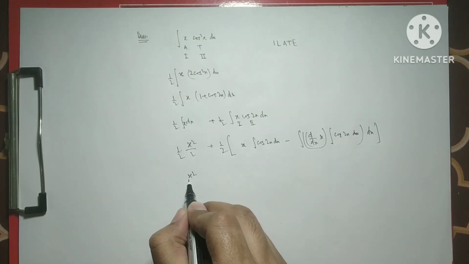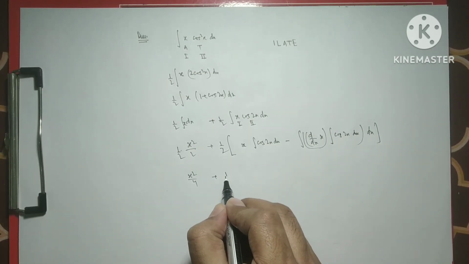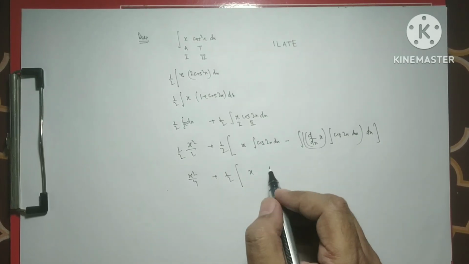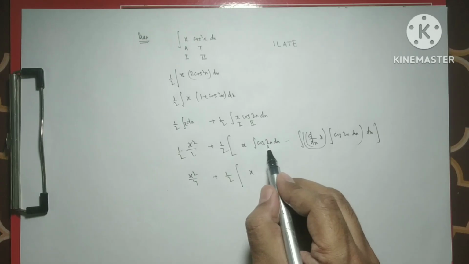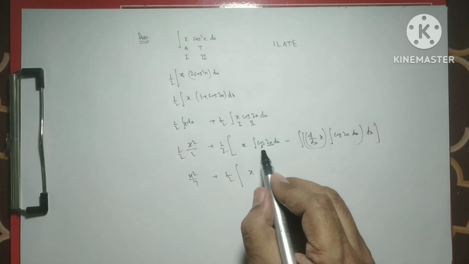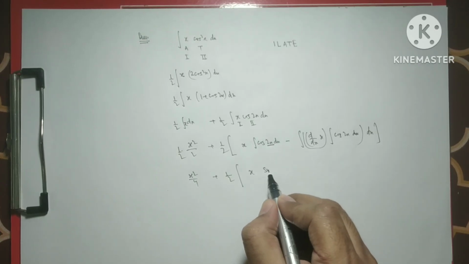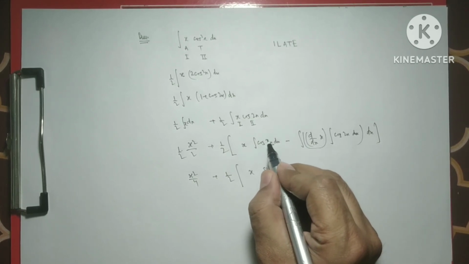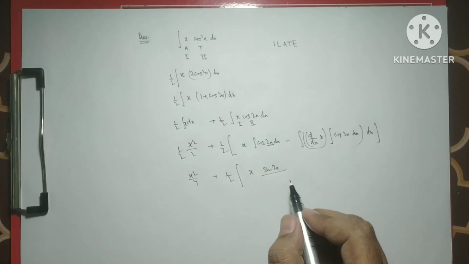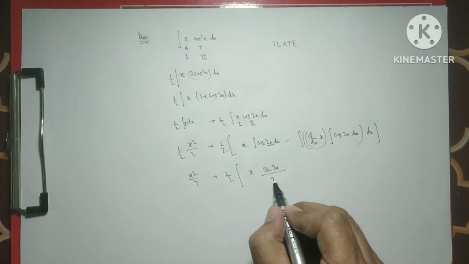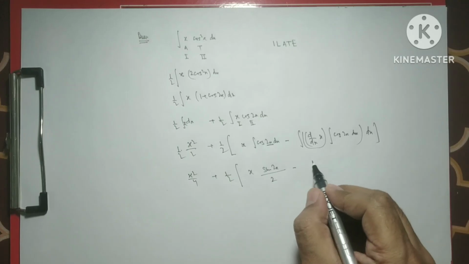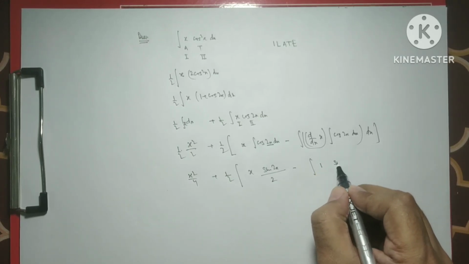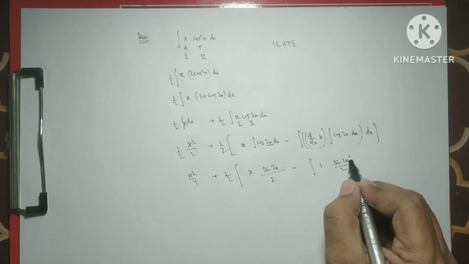So it is x square by 4 plus half x, and integration of this by substitution method, we substitute 2x, and the integration of cos 2x is sin 2x, divided by the differentiation of the substituted part. So the differentiation of 2x is 2, minus differentiation of x is 1, and this is sin 2x by 2.